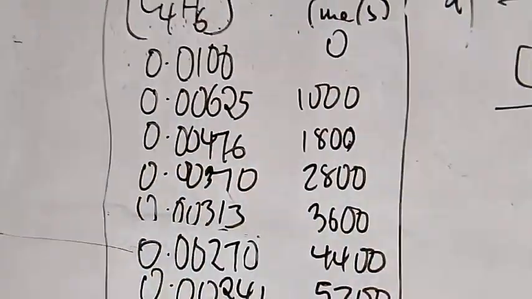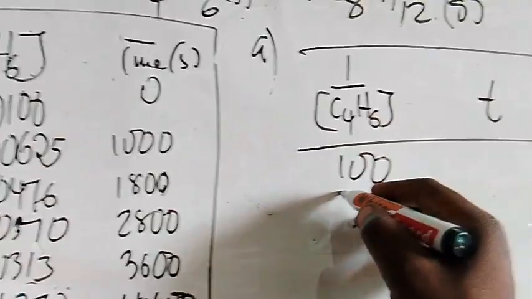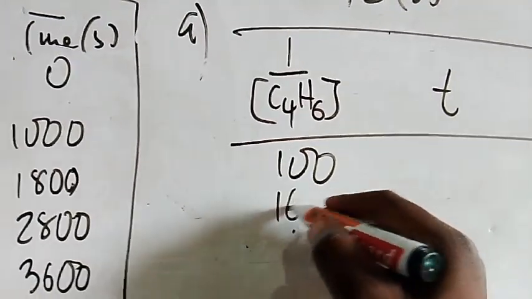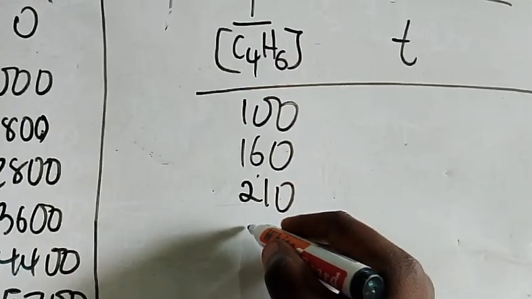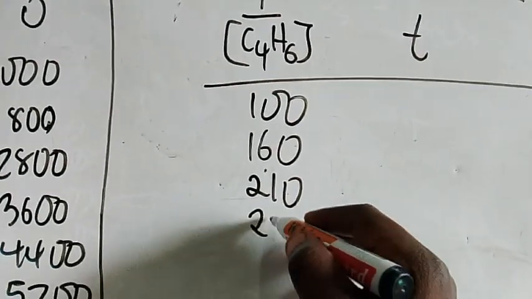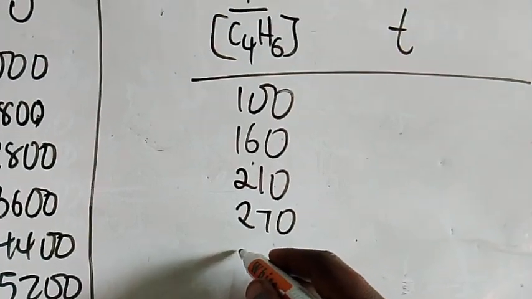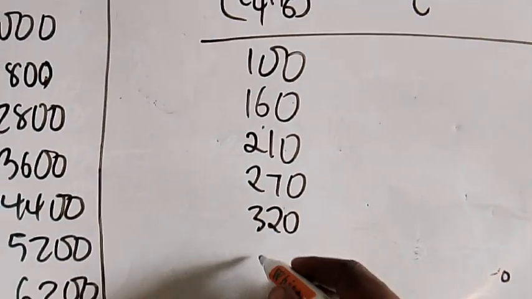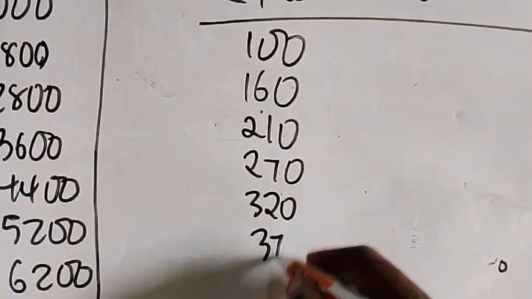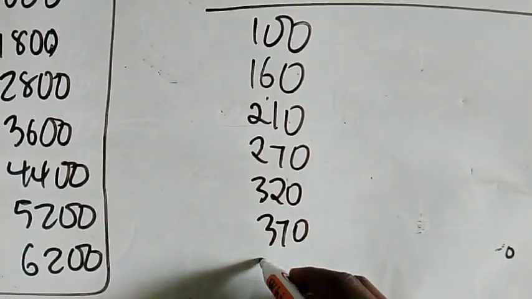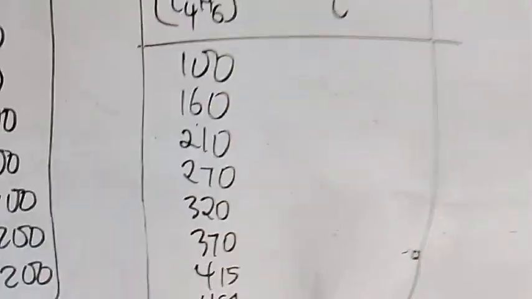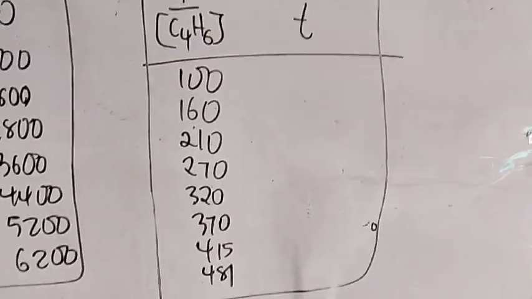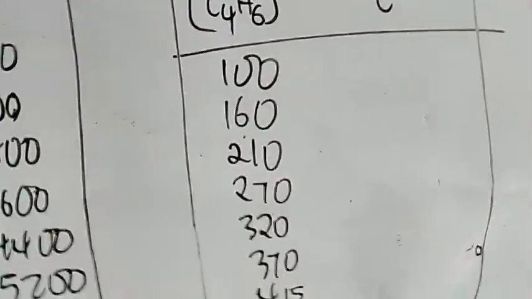We find the inverse. So the first one is 100, then 160, 210, 270, 320, 370, 415, and 481. That is the inverse concentration, 1 over concentration for each.